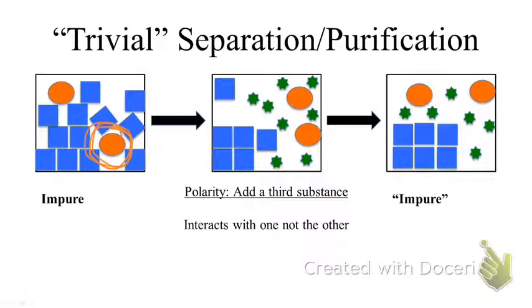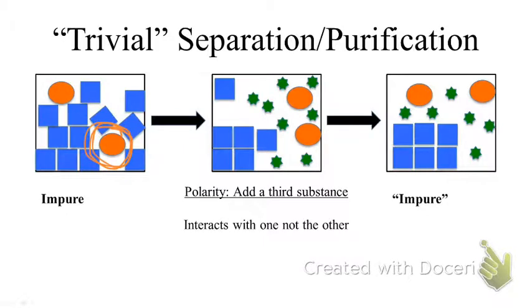So while this method may work in bulk situations where we've got very clearly two separate different things, it doesn't work for us as far as organic chemistry goes. We need something that's going to break apart and dissolve both species so that we can get everything out and into the open.